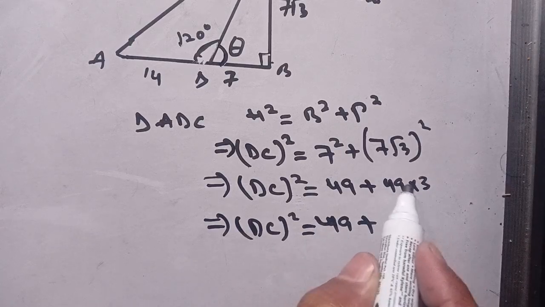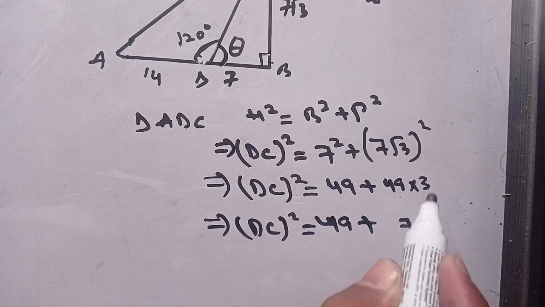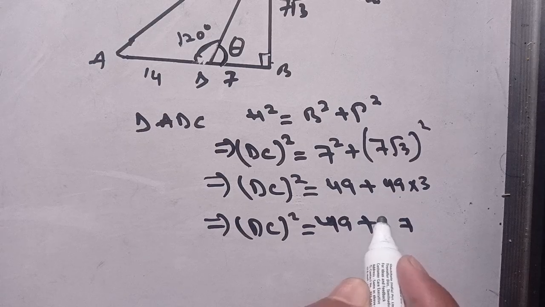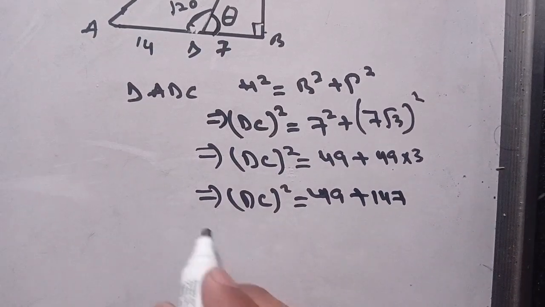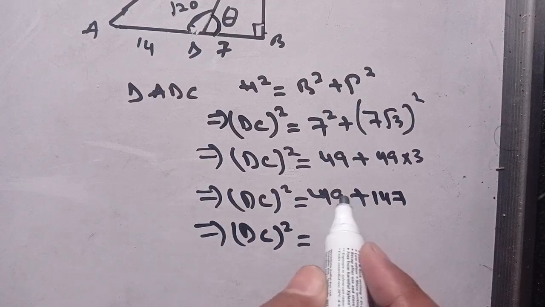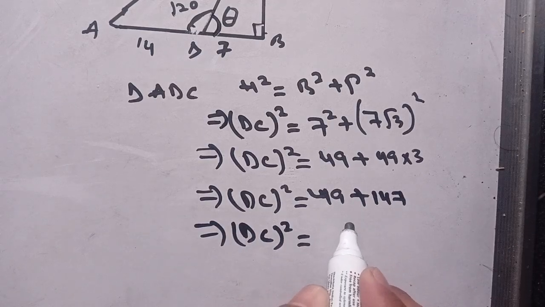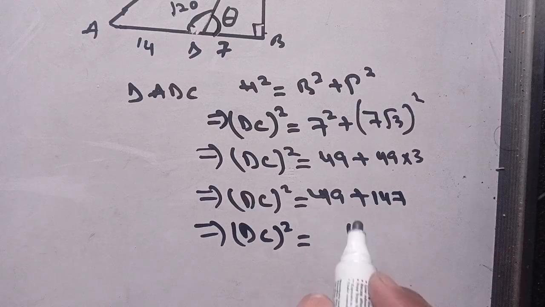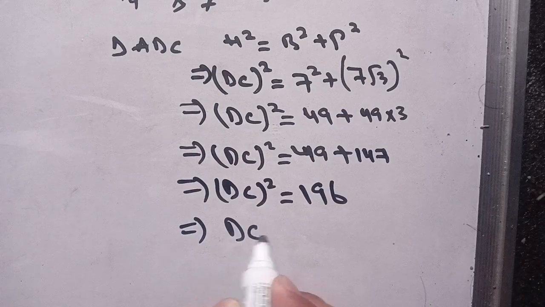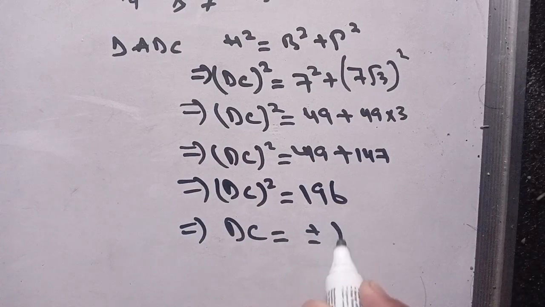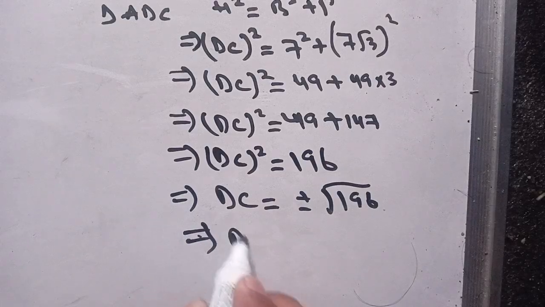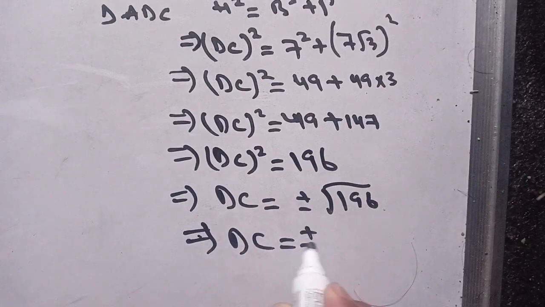49 times 3, it becomes 147, which implies DC whole square is equal to 196, which implies DC is equal to plus minus square root of 196, which implies DC is equal to plus minus 14.